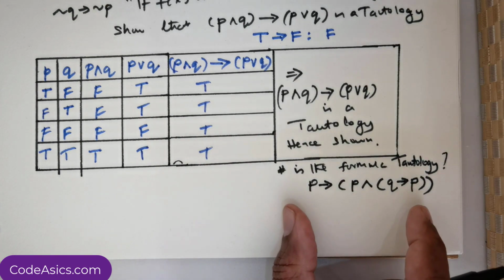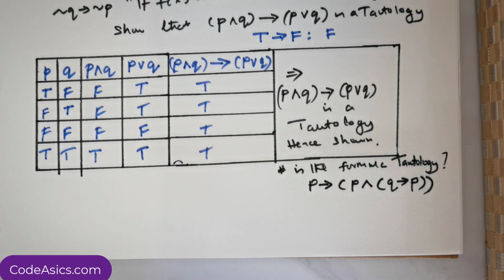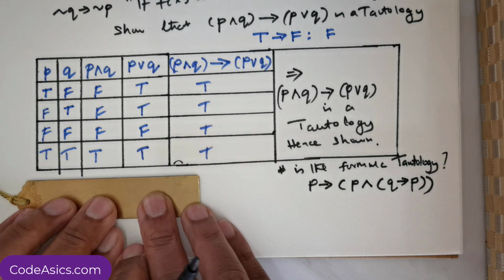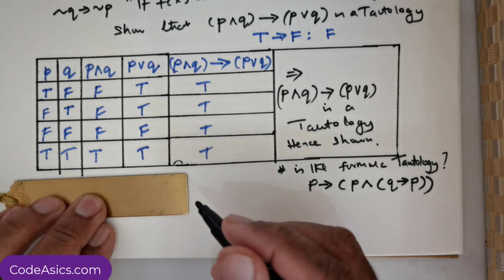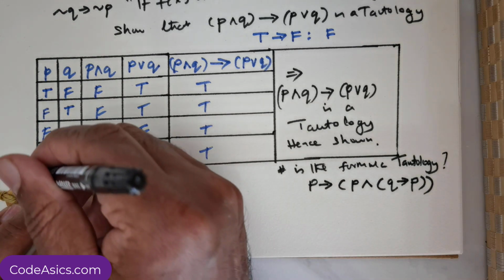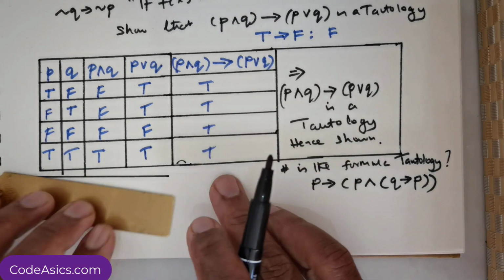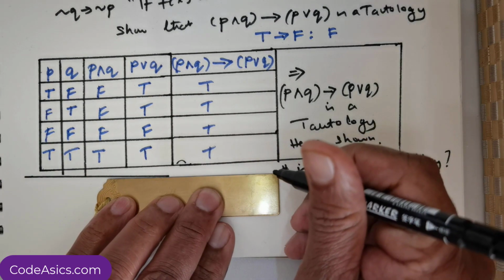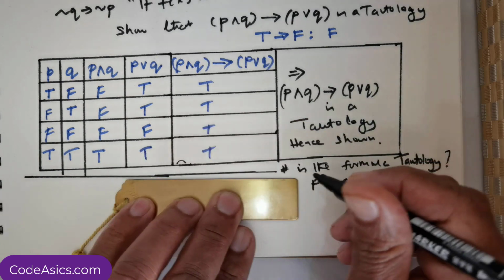So we need to obtain and see the truth values, how they are. So let me just draw the table. I know the space is a little bit restricted in nature, but I'll try to squeeze it in.